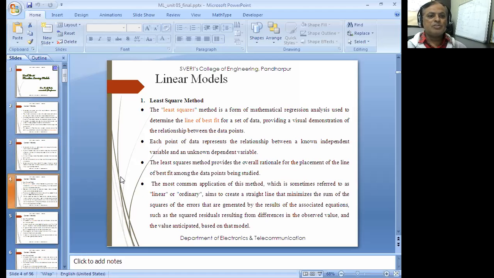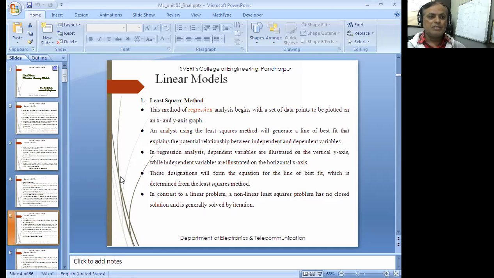Then we have seen the least square method, which is nothing but a form of mathematical regression analysis. It gives the line of best fit for the set of data, which will help you to provide a visual demonstration of the relationship between the data sets. Least square methods give a relationship between the known independent variables and unknown dependent variables.